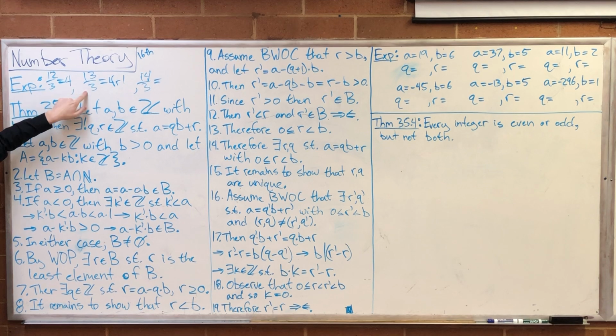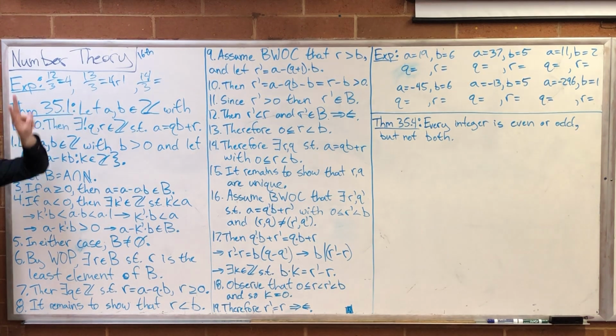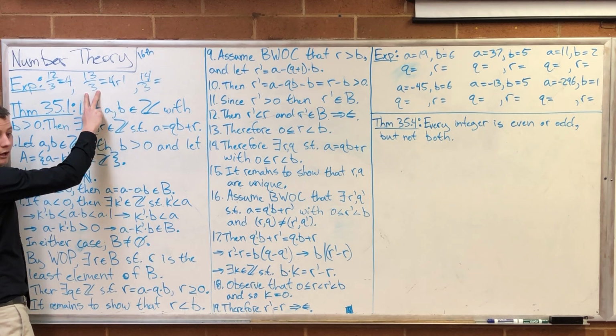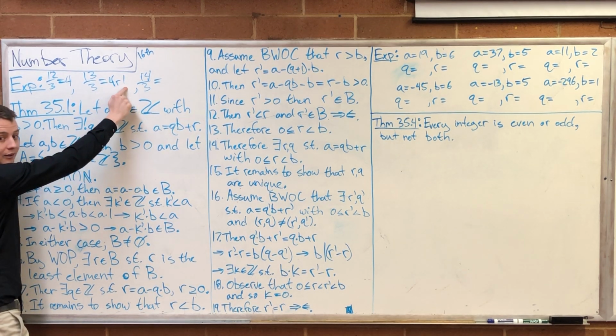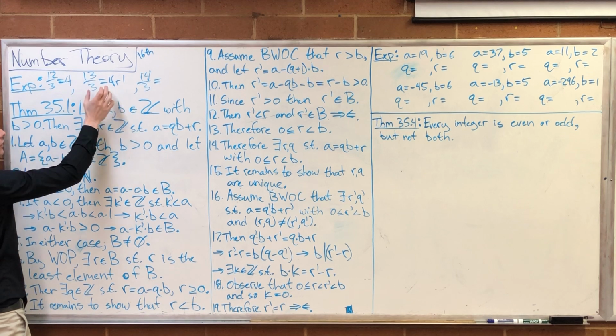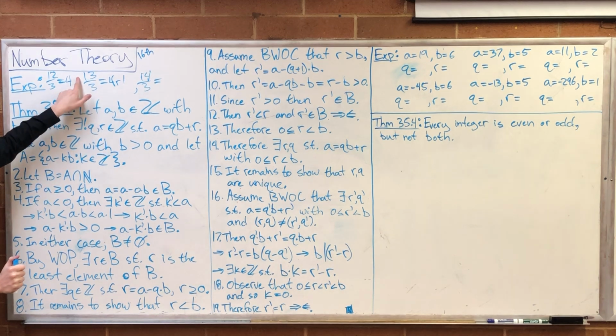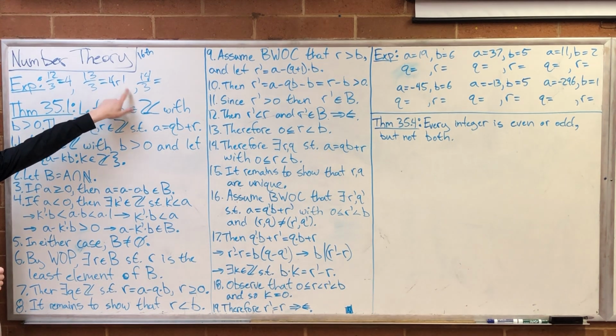So notice when I say 13 divided by 3, there are only 2 possible numbers that you can put here and here that make this true. I could have only used 4, remainder 1. That is the one and only answer to the question I asked you. 4 with a remainder of 1. Not 5 with a remainder of negative 2, even though if you did the math, you'd still get 13. 13 is 5 times 3 when you add a negative 2.